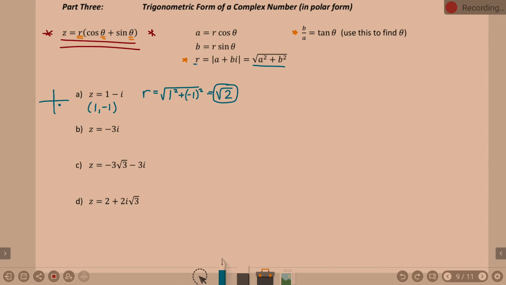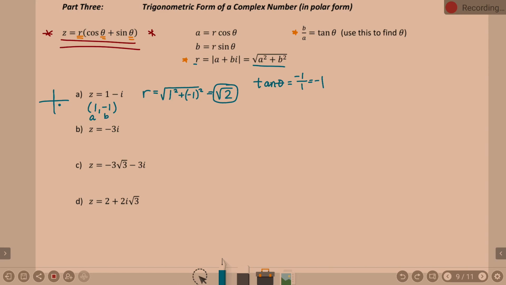In order to find our theta value, notice tangent theta is equal to b over a. So tangent theta is equal to b over a. What is b? B is negative 1 over a. What's a? 1. What's negative 1 over 1?